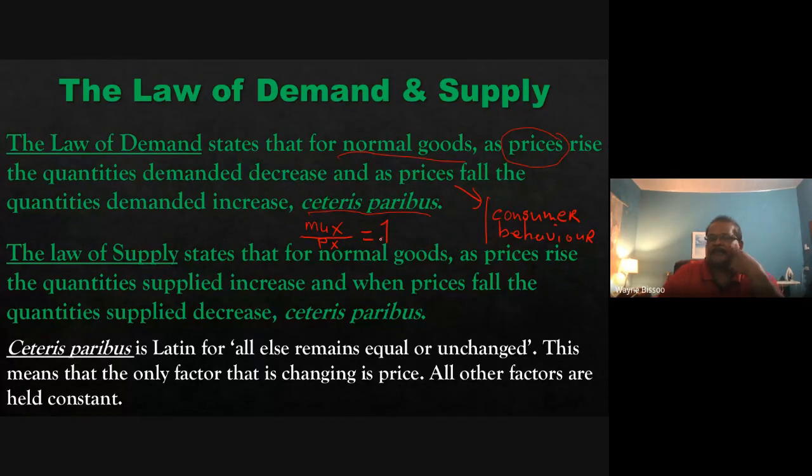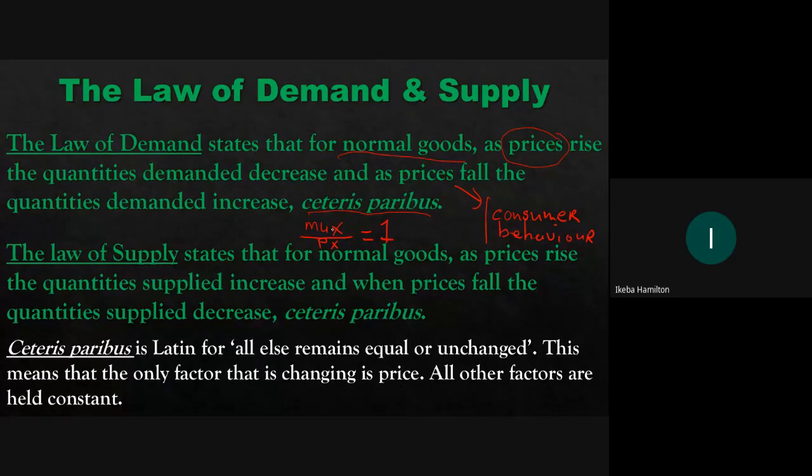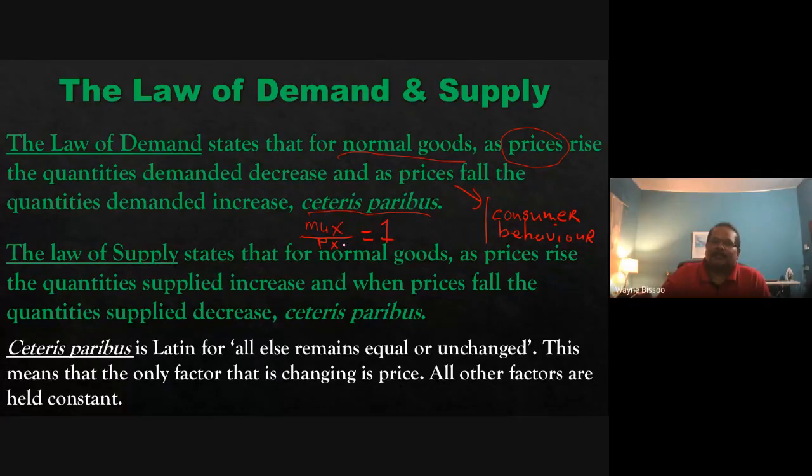You all remember that basic formula? The utility of good X over the price of X is equal to 1. So that when the price falls, we will buy more because we would need to consume more units of the good X to be able to bring this equation back into equilibrium, to get the ratio back to 1.